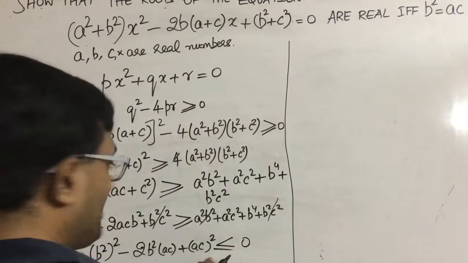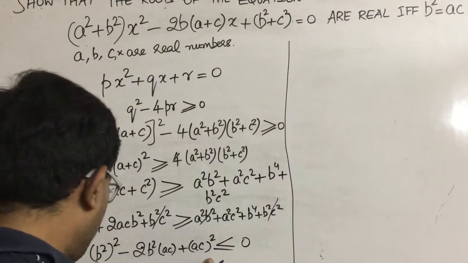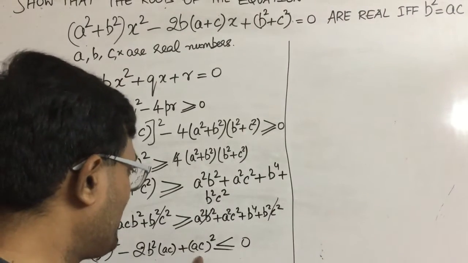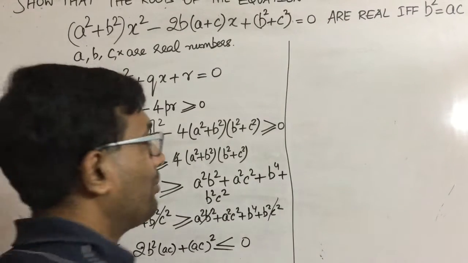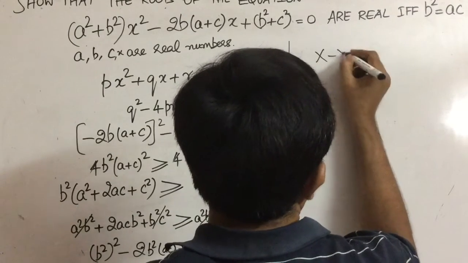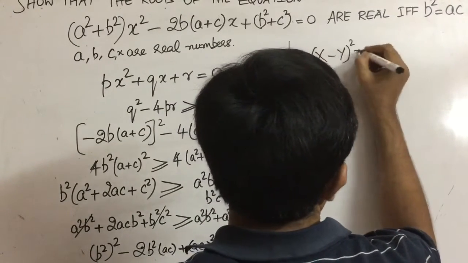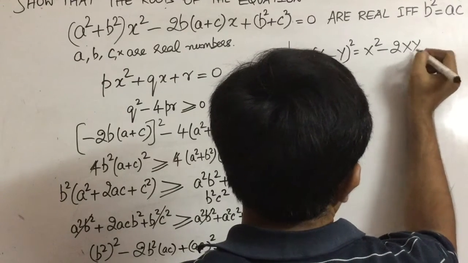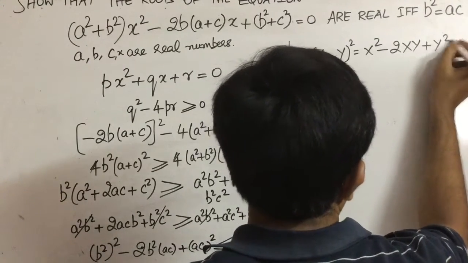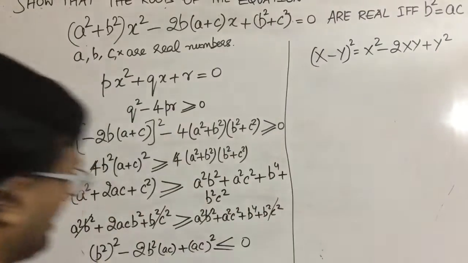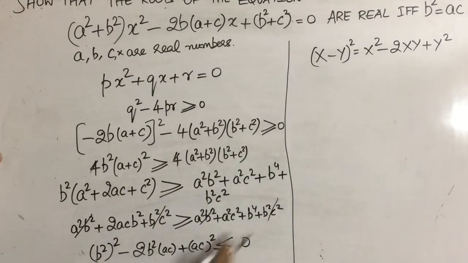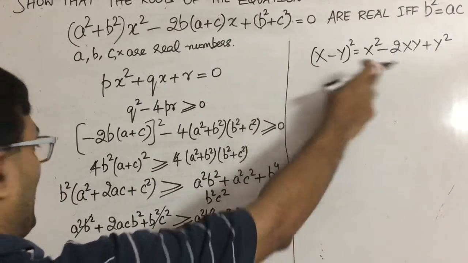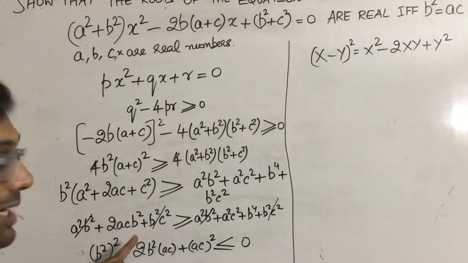Now let's try and factorize this expression: b squared the whole square minus twice b squared times ac plus ac the whole squared. We know that x minus y the whole squared is simply x squared minus 2xy plus y squared. If we took x as b squared, then x squared would be b squared the whole squared.